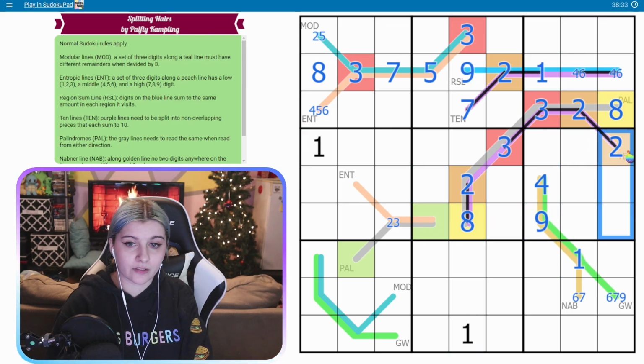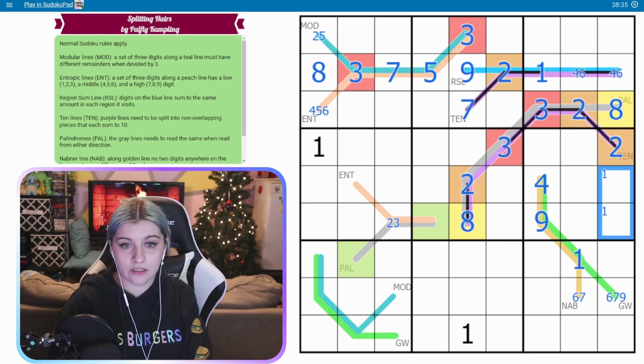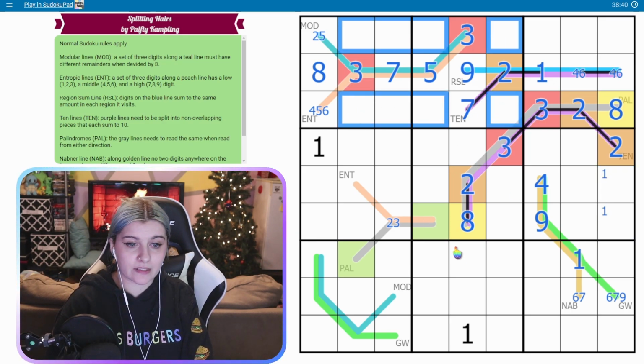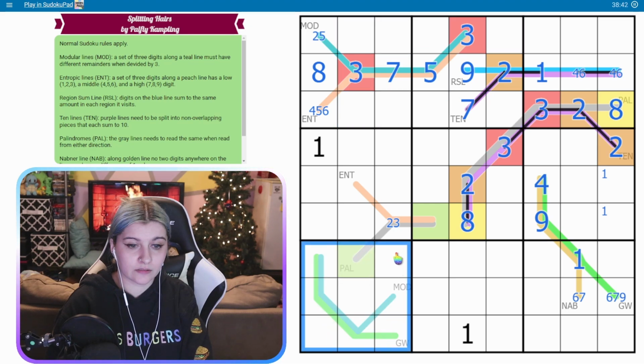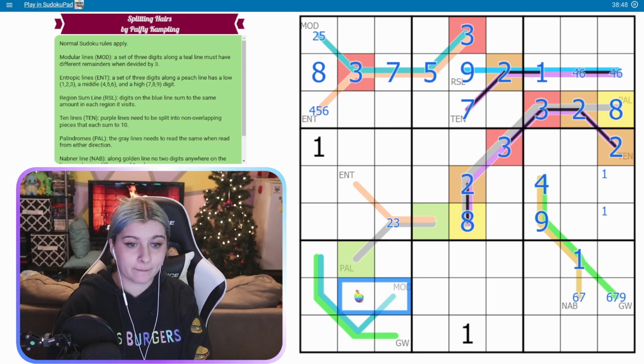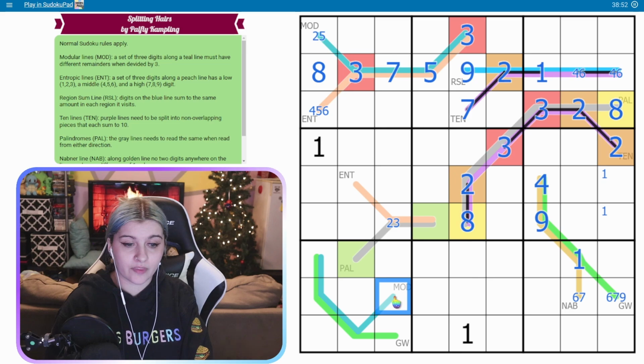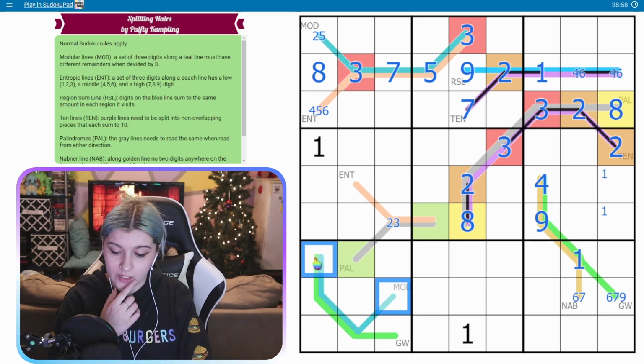Ah, this might be good. One of these is a 1. 1s still have space up here. What about a 1 in here? 1 has to go here or here. Okay. If this on the modular line is a 1, that means this one would also be a 1, 4, 7. It can't be a 1. So it'd be a 4 or a 7.